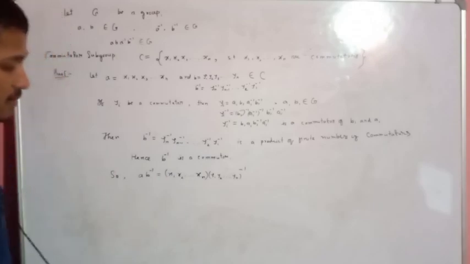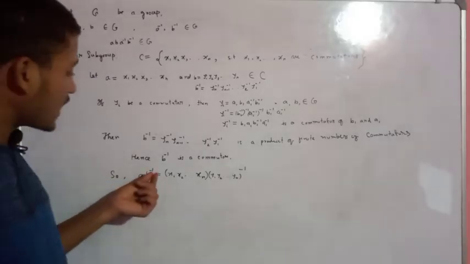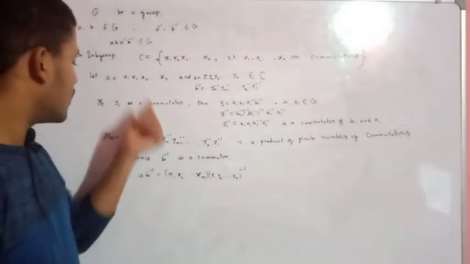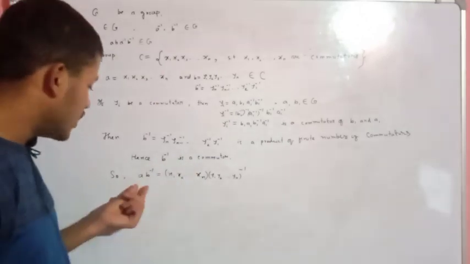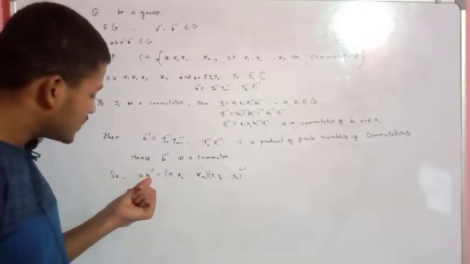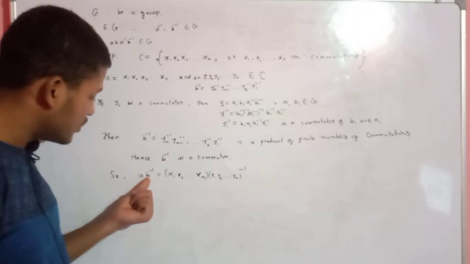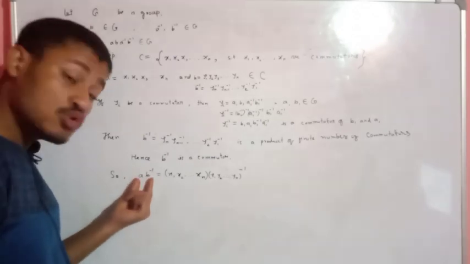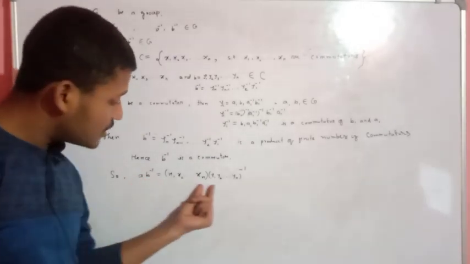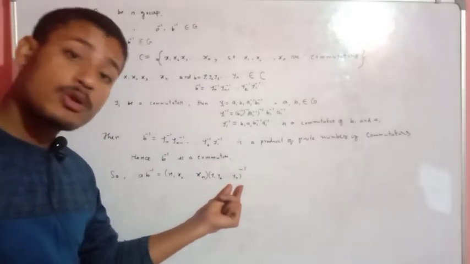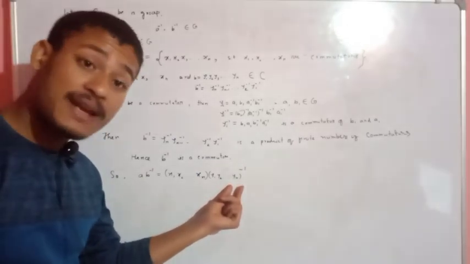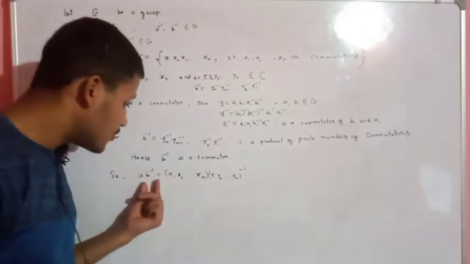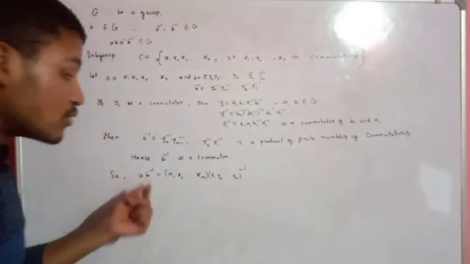You know A is a commutator, and B inverse is a commutator. So AB inverse is the product of two commutators. The product of these two commutators is a product of a finite number of commutators, so it is also a commutator.